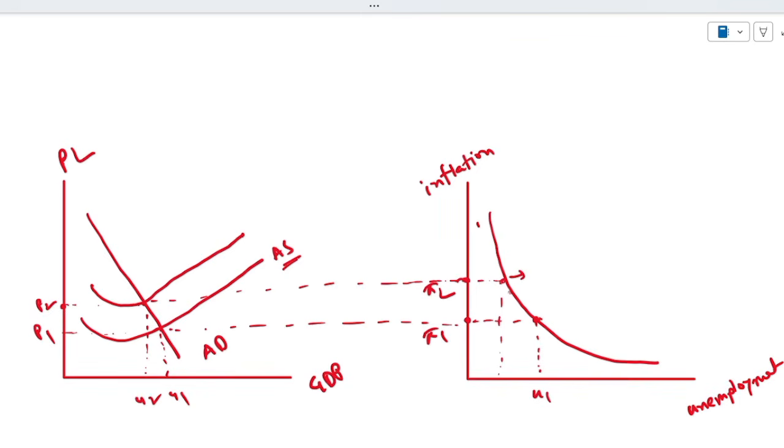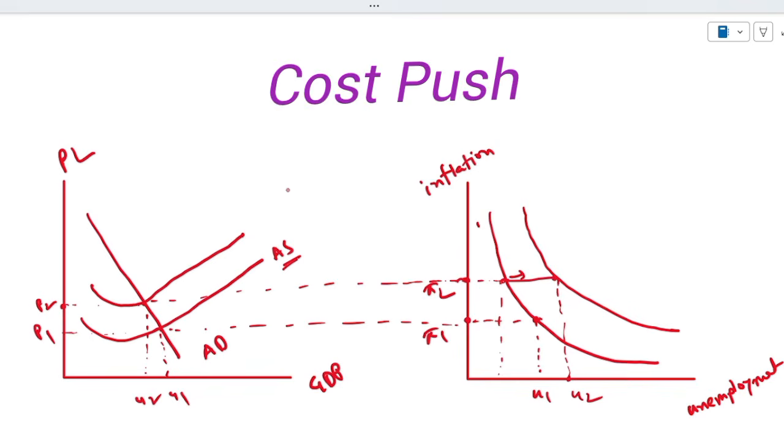So the whole Phillips curve will shift rightward. And this point will be shifted over here. And this will be our new unemployment. But the inflation level will be same. So this is called cost push.